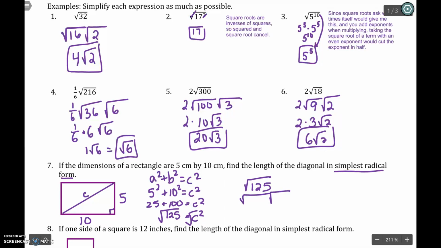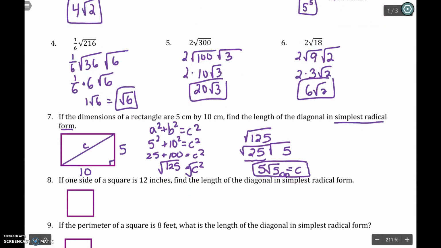So the largest perfect square that goes into 125, the largest number from the list, is 25, and it goes in 5 times, and then we would square root the 25 here and get 5 radical 5 for our hypotenuse, which is our diagonal. And this does have a unit, centimeters, so we should put that into our answer.